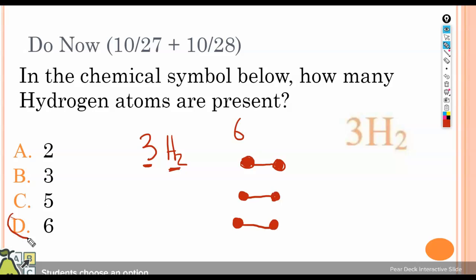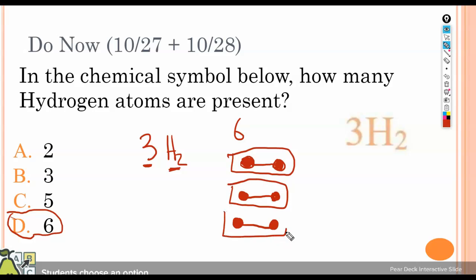Okay, so the answer to the question should be D. Now the 3 in front means that we have 3 hydrogen molecules. Okay, and so each of these groupings is a molecule. So we have 1, 2, 3 molecules. Okay, but each molecule is made up of 2 hydrogen atoms. Okay, so make sure you understand the difference between coefficients and subscripts when you're looking at chemical symbols.